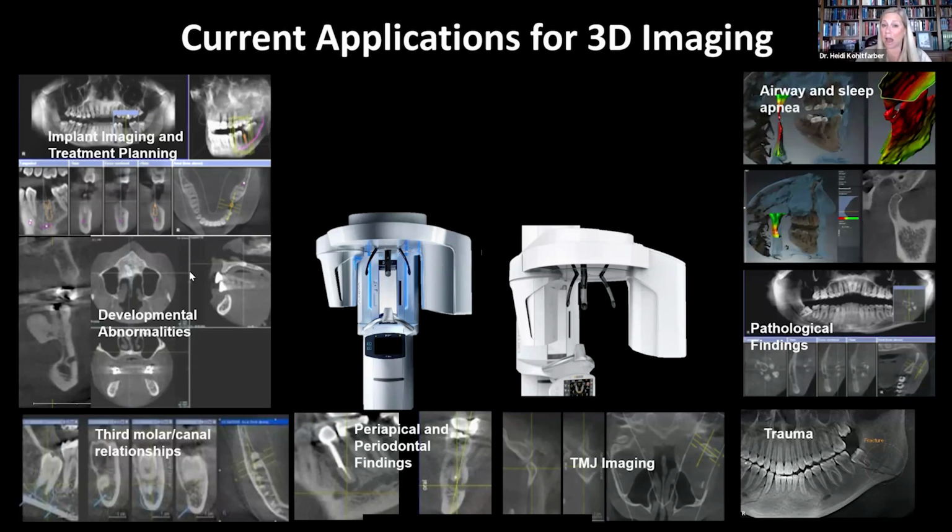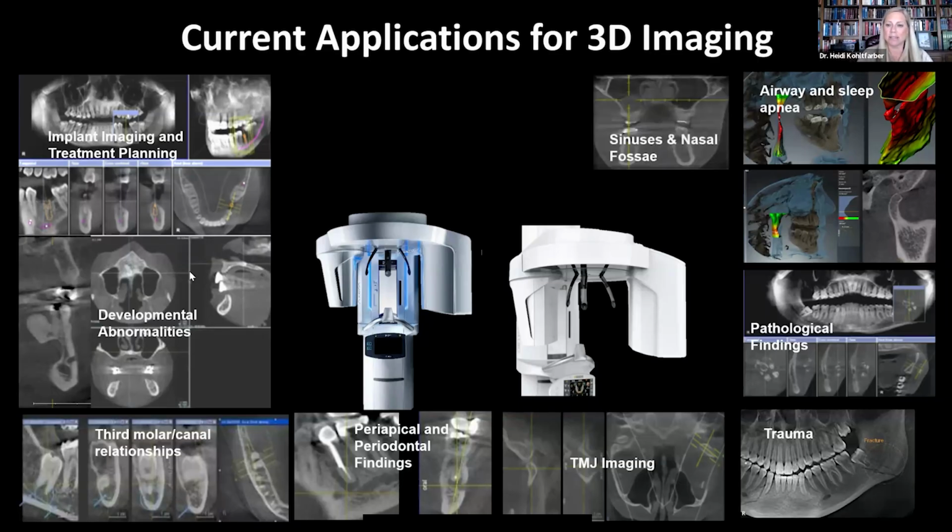Airway and sleep apnea applications: of course, we're not diagnosing obstructive sleep apnea with CBCT, but we are able to tell Mrs. Jones, you have a limited airway space, and let's ask you some additional questions. Sometimes Mrs. Jones really doesn't want to put down that she snores. It's a little embarrassing. Cone-beam CT kind of opens up some of those conversations.